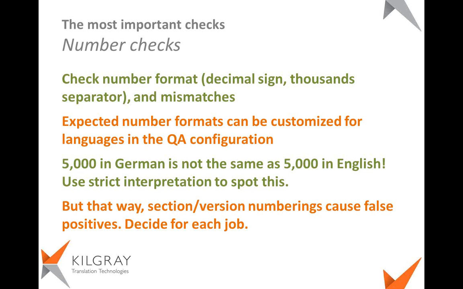I believe if you turn off strict interpretation, it will look at the number only and not the decimal point and the thousand separator, but I'm not entirely sure. If you turn on strict interpretation, the section version numberings, like you spotted in the question, will cause false positives. But I'm going to show you another way to work with those false positives later on.